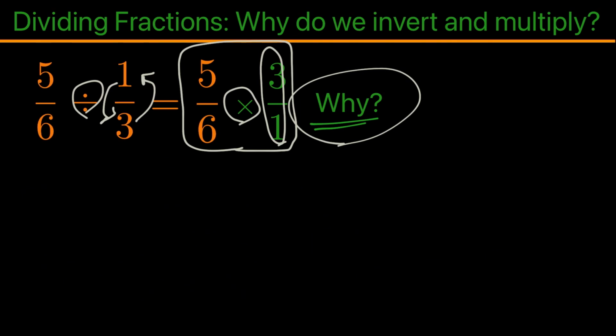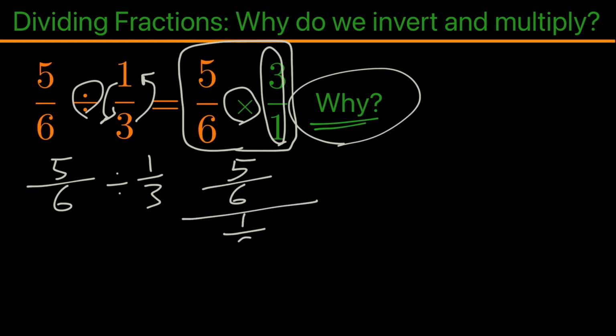Now to answer the question, why do we invert and multiply when we divide fractions? This is why. 5 over 6 divided by 1 over 3 is rewritten as 5 over 6 over 1 over 3.